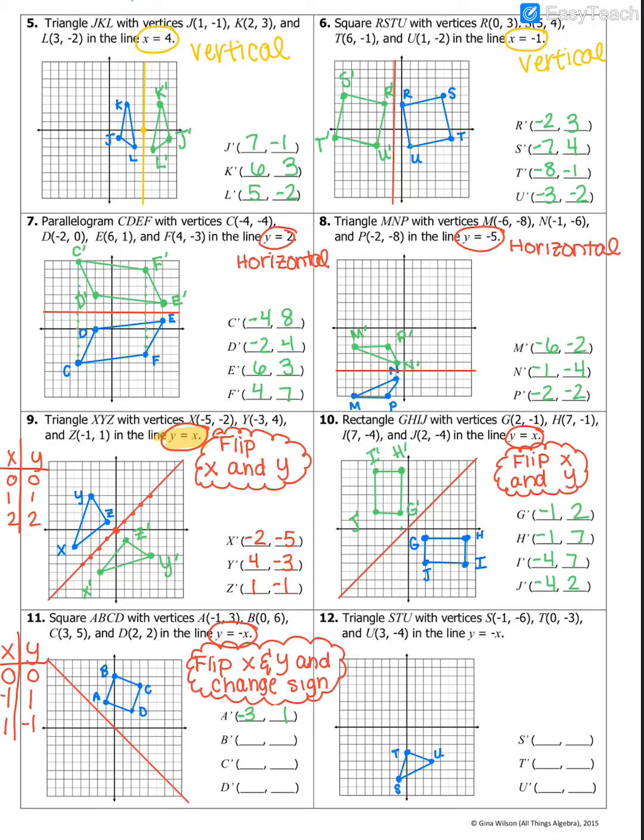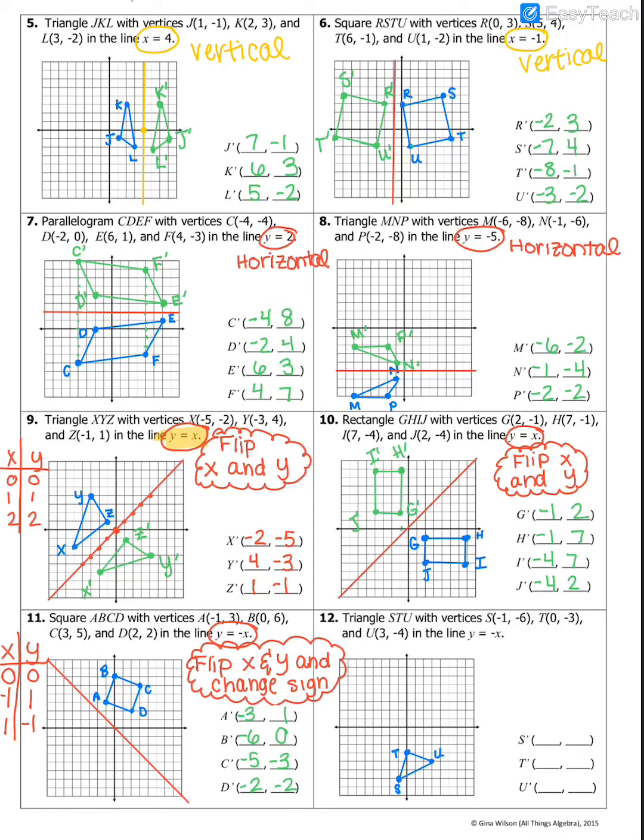Okay, let me do that for you guys one more time, and then I won't spend too much more time on it. So B is 0, 6. So if I just flip it, it's 6, 0, but now I need to change the signs. So the 6 becomes negative since it was positive, and the 0 is not going to change because 0 doesn't have a sign. Okay, so C is going to become -5, -3 following those rules, and D is going to become -2, -2.